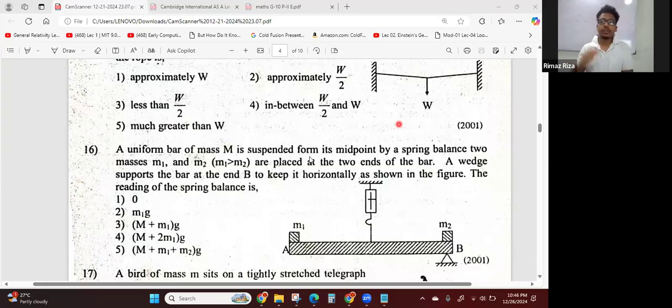Let's say, for example, you did the 2015 paper, and you have covered only 80% of the syllabus, so you may be able to answer only 45 questions or 42 questions. So in the 2015 paper, you answer 42 questions. Out of that, 36 are correct.